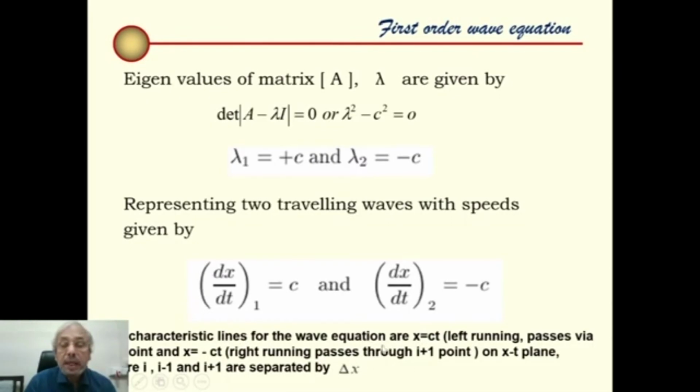One will be x equal to ct, left running, passing through a point left of the point of interest. If i is the point of interest, delta x to the left is i minus 1. So x equal to ct runs through the i minus 1 point, and x equal to minus ct runs through the i plus 1 point. We'll show this graphically in subsequent slides. So i minus 1 and i plus 1 are separated by delta x.